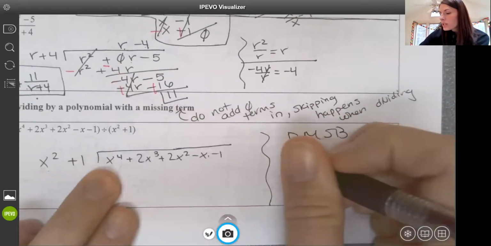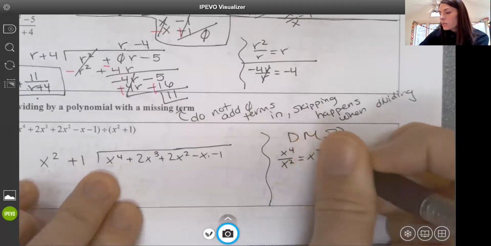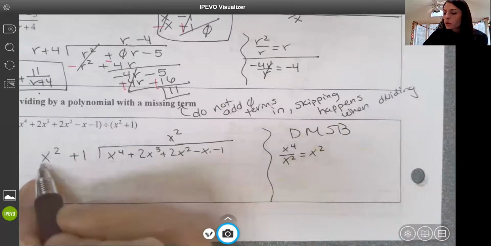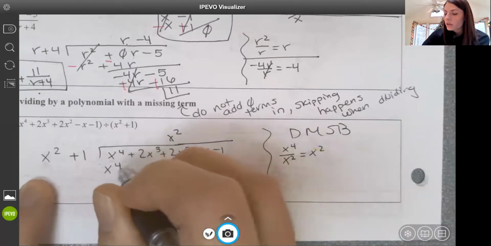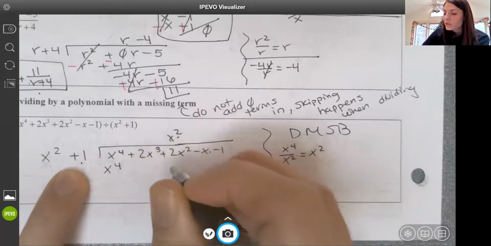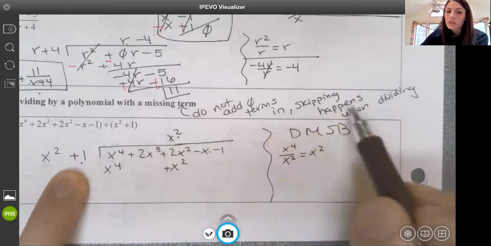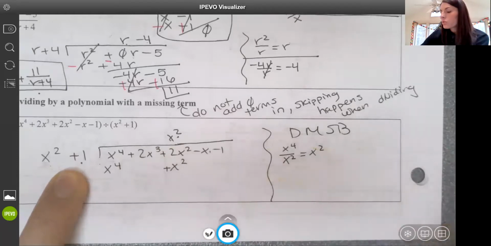So the first term is x to the 4th, dividing by x squared. That gives me x squared. Taking that x squared and multiplying it through, x squared times x squared gives me x to the 4th. X squared times 1 is going to give me 1x squared, which I'm going to write underneath. That's what I mean by skipping. You're going to end up with a gap for your subtraction.